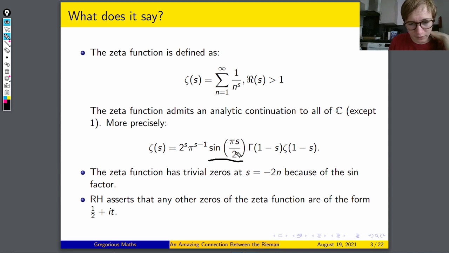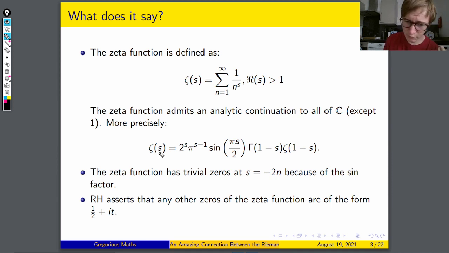This is when this sine factor becomes 0, then the whole thing becomes 0. And this happens at negative even integers. The reason it doesn't happen at positive even integers is because this will be 0, yes, but then this will diverge, so those two factors will cancel out at positive even integers. So the zeta function has what are called trivial zeros when you input a negative even integer.